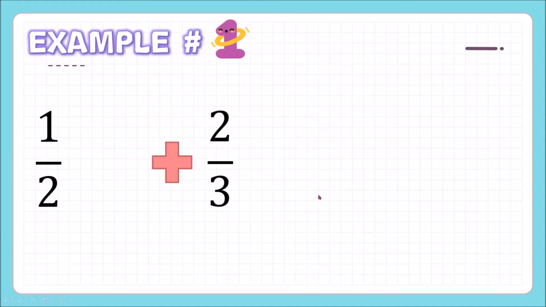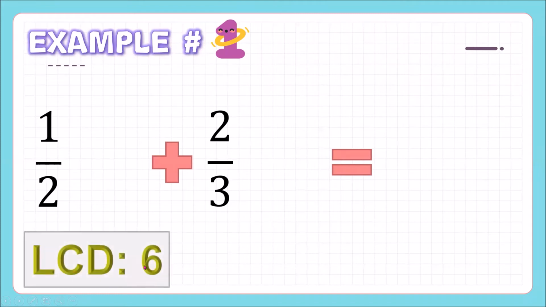So to make it a similar fraction, let us get the LCD, or your least common denominator. To get the LCD, you will get the least common multiple of your denominators, which are 2 and 3. So the least common multiple here is 6. So our LCD here will be 6.